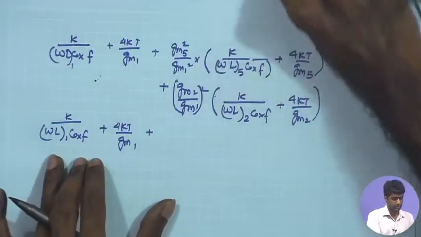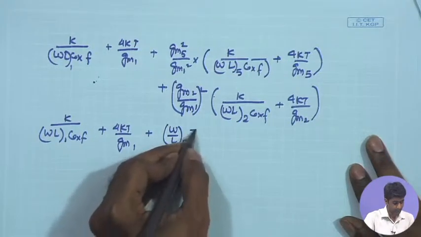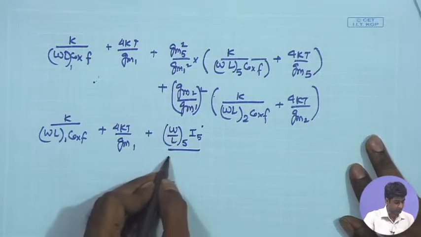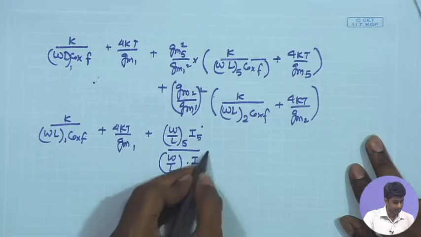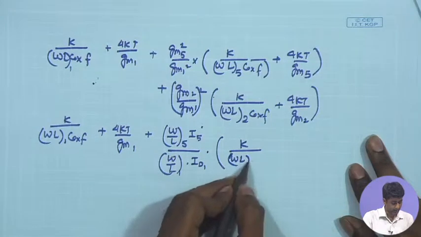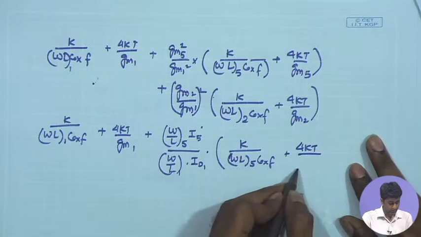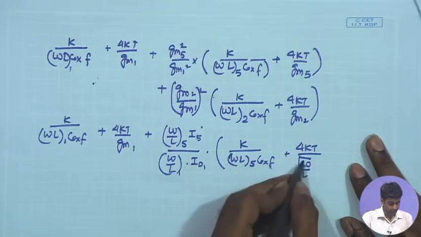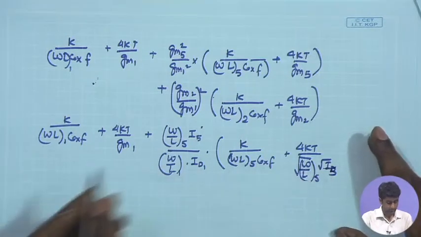So we can write this as W upon L5 ID5, and we have the GM1 square, which is W by L1 times ID1. Likewise, you have the K upon W times L5 COX F plus 4 KT. Here you are going to get root under W by L5 times root under ID5, I5, whatever I have mentioned.